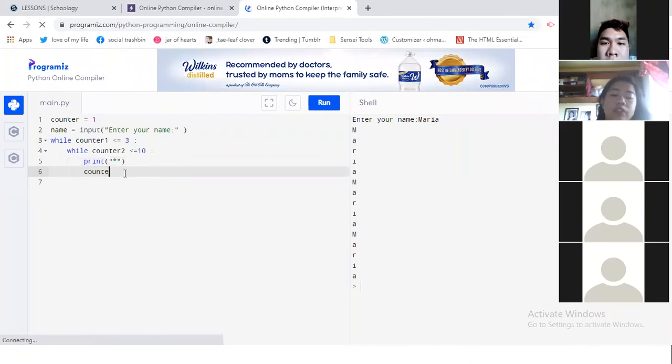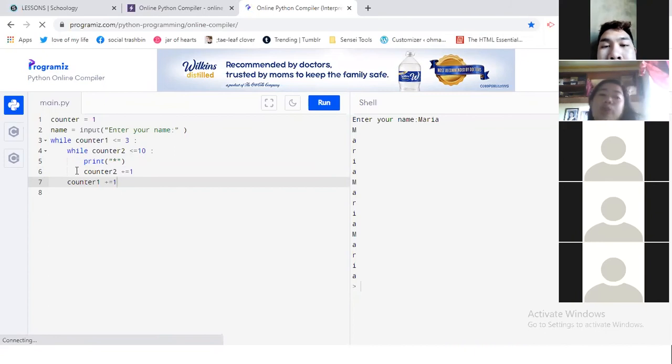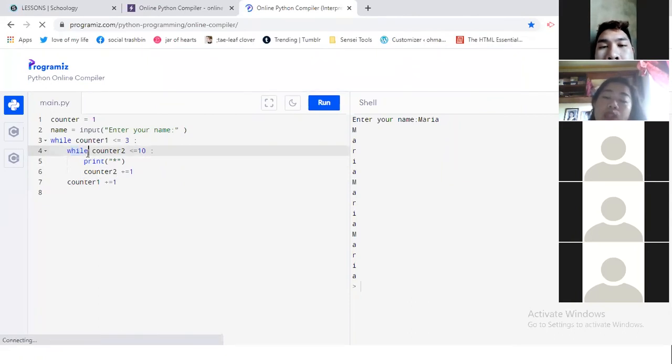Tapos counter 2 is equals to counter 2 plus 1. Okay. So, pwedeng yung kanina for loop within while, for within for, pwedeng while within while.